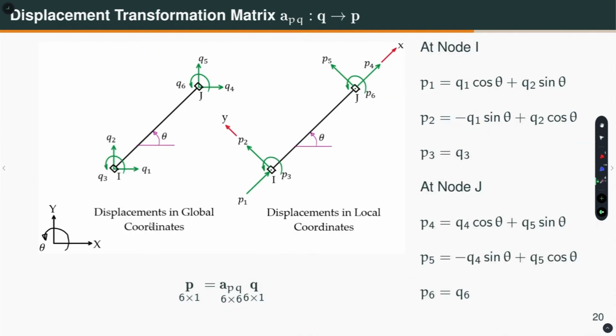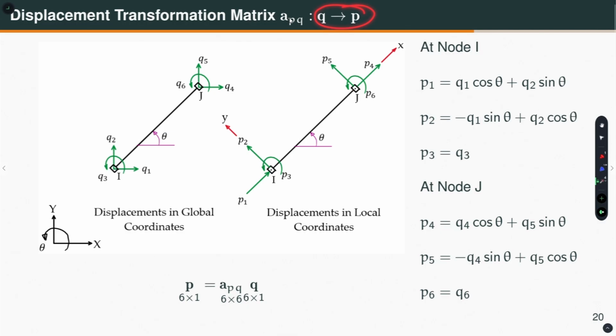Now, can we do the same thing for displacement transformation? Remember, for the displacement we will go from global to local, so Q to P. How do I do that? Well, displacement is also a vector. At node I, if I apply Q1 displacement and Q2 displacement, or one at a time, then I can always resolve it into the direction of P1 and P2.